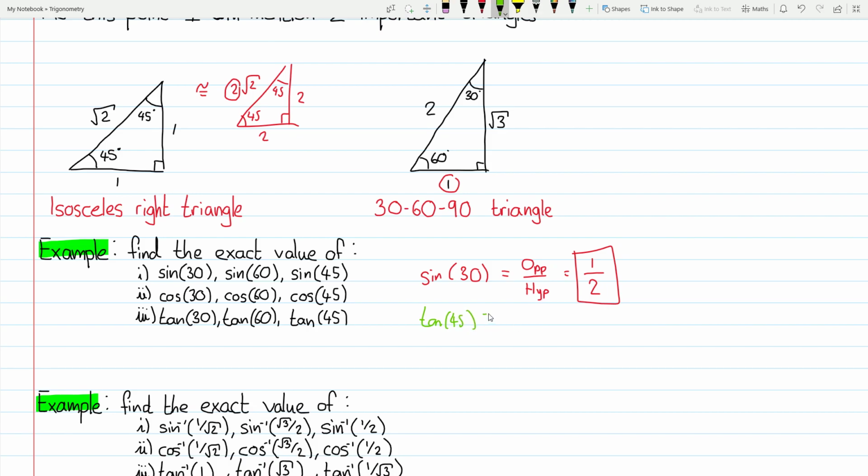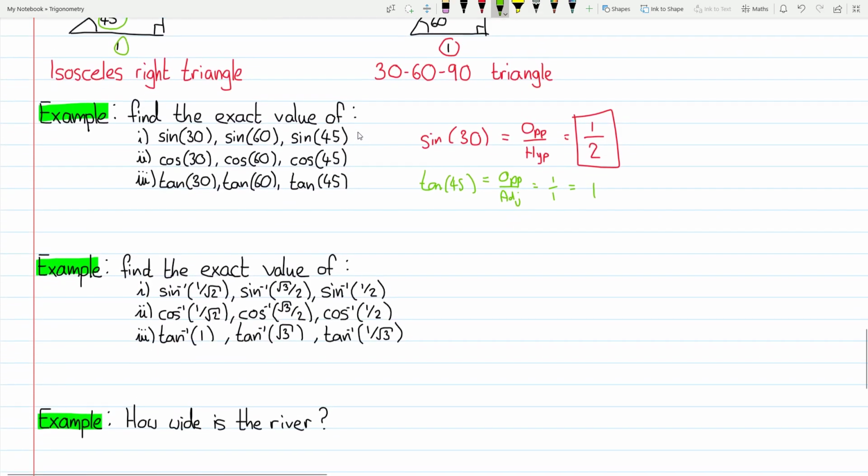Again, tan is opposite over adjacent. And so if we take this angle 45, the opposite is going to be 1, the adjacent is going to be 1, so this is simply going to be 1 over 1, which is 1. So we can find exact values by just comparing it to these triangles that we know.